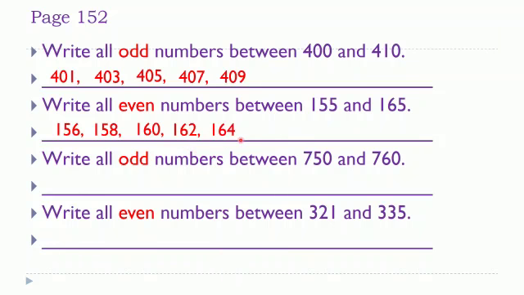We have to stop here because the next one will be 166. 166 is more than this number. So we have to stop at 164. So even numbers between 155 and 165 are 156, 158, 160, 162 and 164. These are the even numbers.